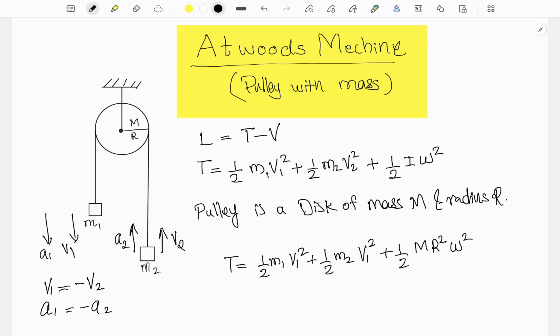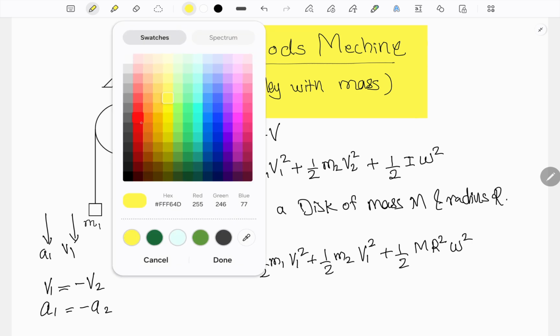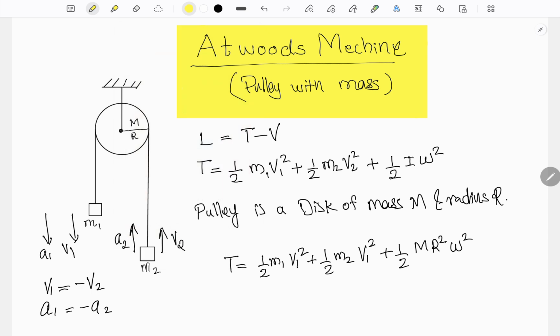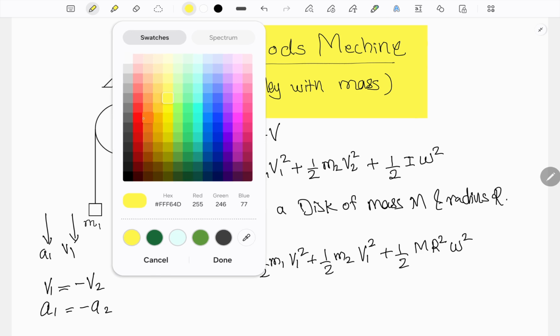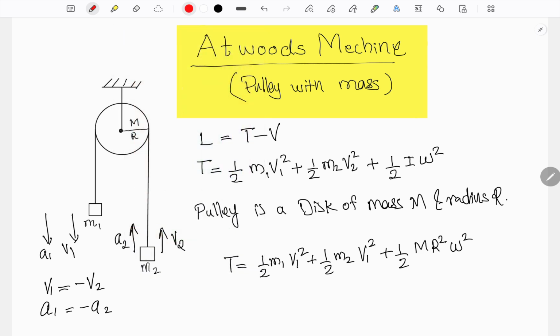Now, because we are using Lagrangian mechanics for this problem, we have to consider a generalized coordinate. So here, because there are two masses and a pulley, the best way to choose a generalized coordinate is to take the distance of mass m1 from the center of the pulley and let it be x.